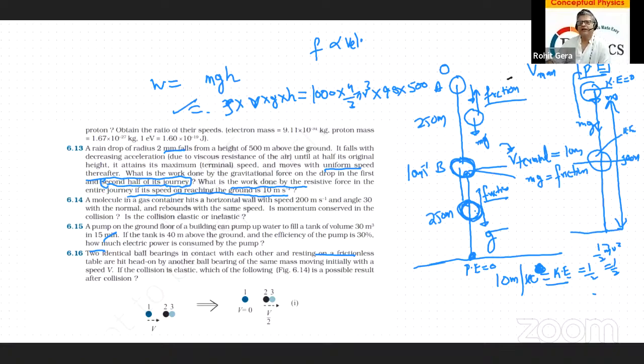Why do you think the work done from here to here just by gravity alone will be different? Only by one force, which is always downward. The displacement is in the same direction in both the cases. Even from here to here, the displacement is 250 meters and the force of gravity is the same. It's the first half and the second half.